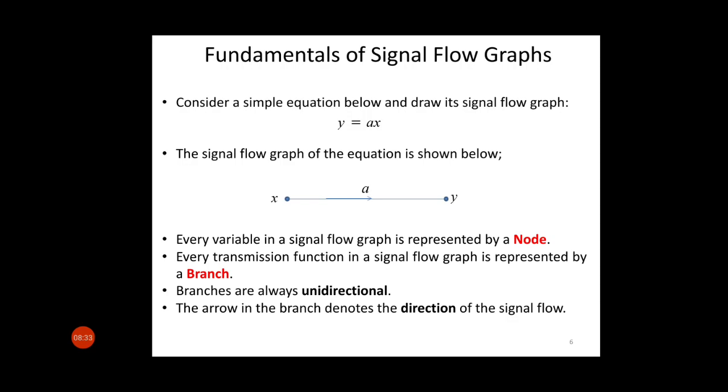Transmission function means here a is transmitted, so this is represented by a branch, and branches are always unidirectional, meaning they have only one direction. This direction is indicated by an arrow. So the arrow in the branch denotes the direction of signal flow.